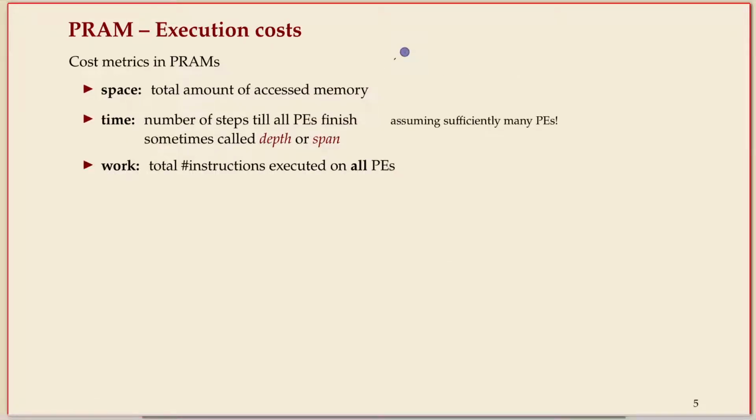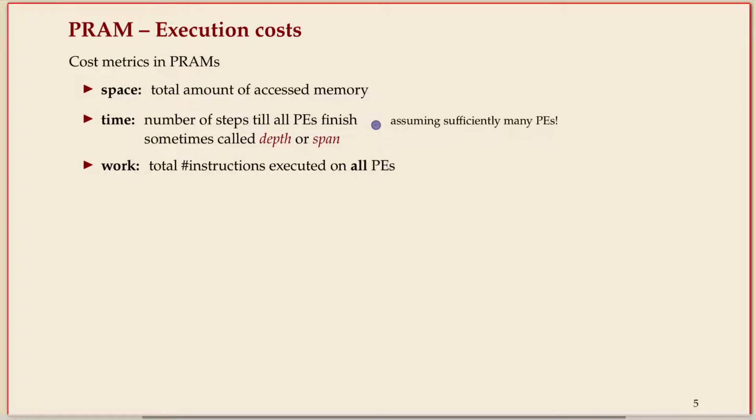Last slide on the model, I think, is: what is the cost of an execution? Because we have several processing elements now, this is maybe a little less obvious, but space is still clear. It's just the total memory that is used by any of the processing elements. Time, a natural way to define, is just the total number of time steps till all of the processing elements have finished.